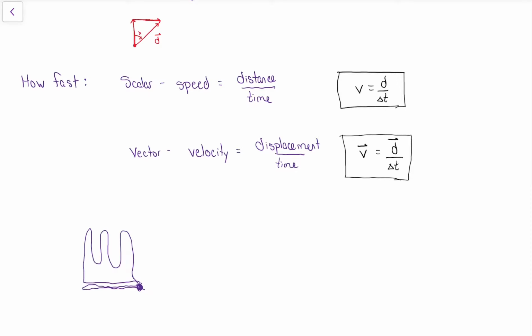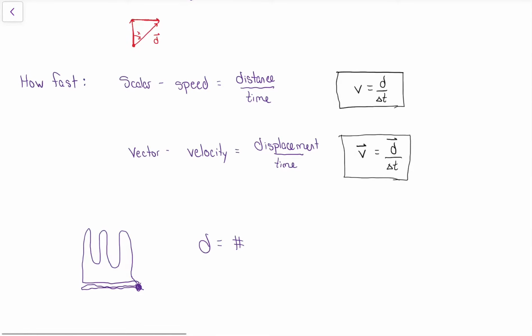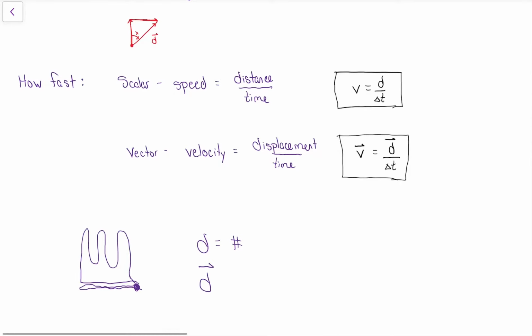In that weird case, my distance would be some sort of number. Maybe if I'm wearing my watch, I could tell you how many steps I took over the course of a class. But my displacement value, if I start and end at the same spot, that's a displacement of 0. Technically, I haven't changed position over the course of that period.